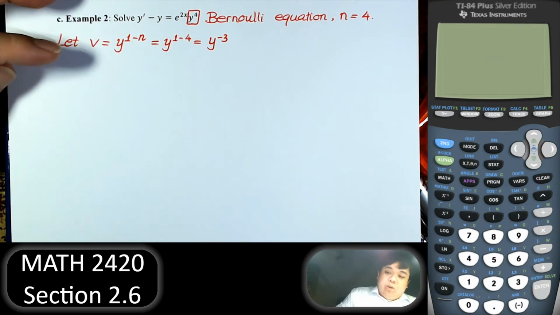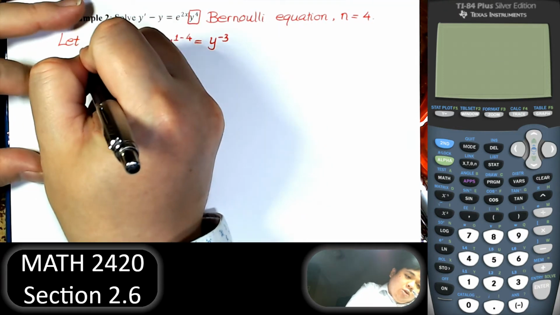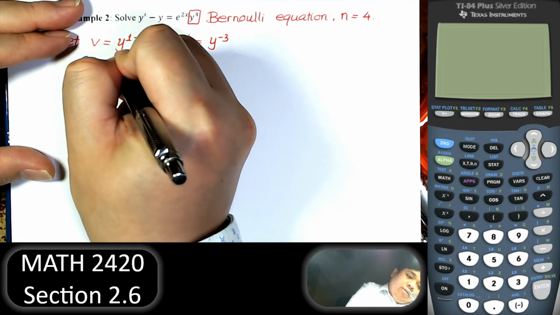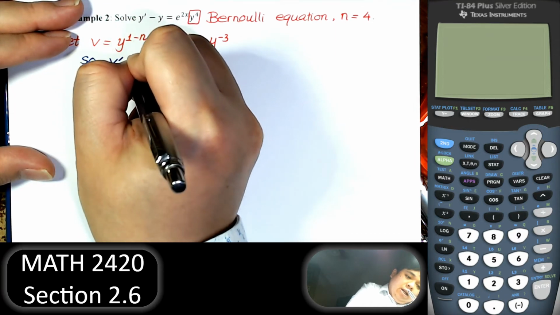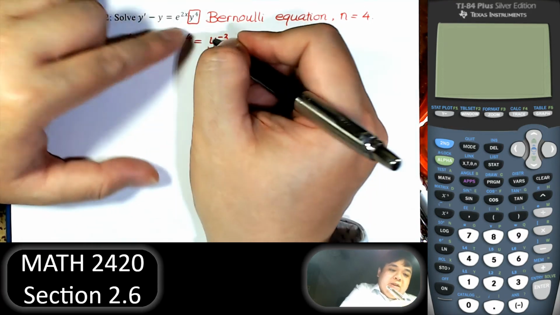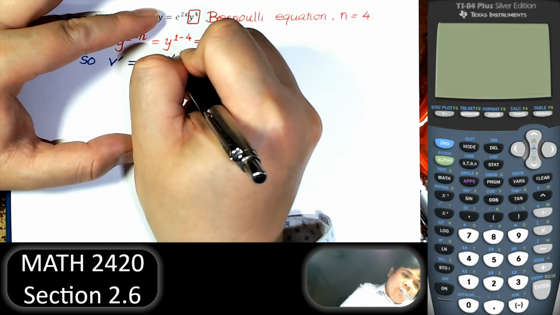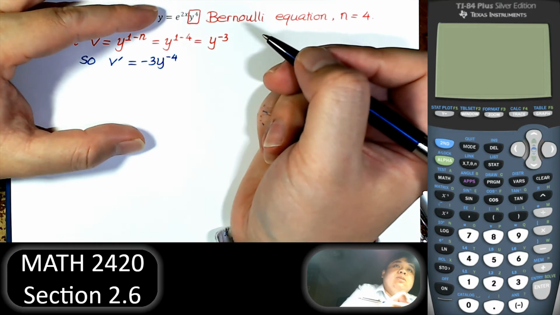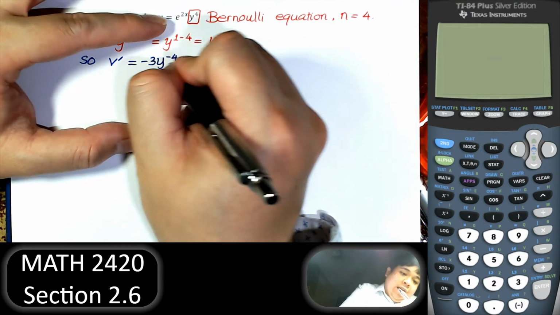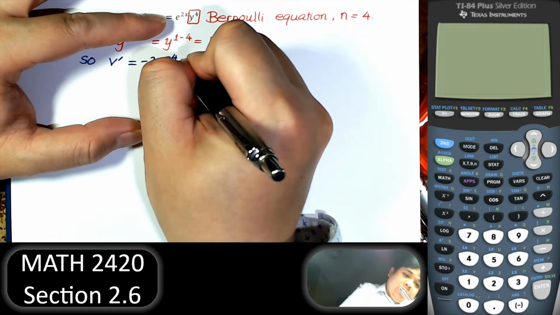And then we can take the derivative of both sides. So v prime is equal to, the derivative of this is negative 3 y to the negative 4, and then the chain rule says we have y prime.